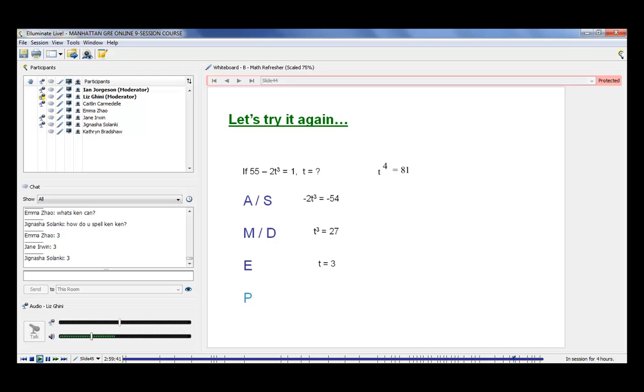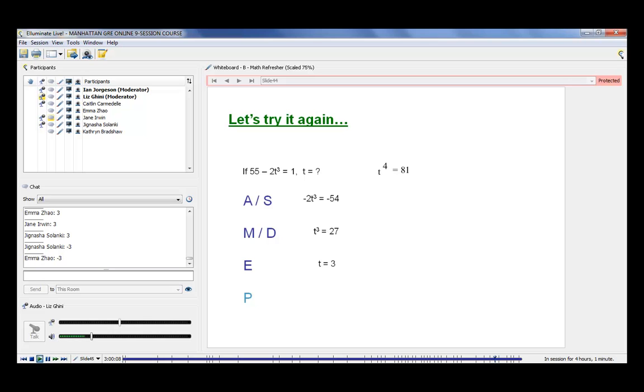Jignasha says 3. And yet, you guys are missing something. It's the GRE. It's trying to trick you. What have you forgotten about? If you raise a number to the 4th power, if you raise it to an even power, what happens? Anybody? There's a trick. Negative 3. Awesome. Jignasha and Emma saw it.